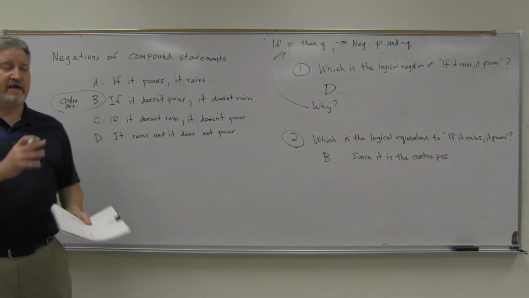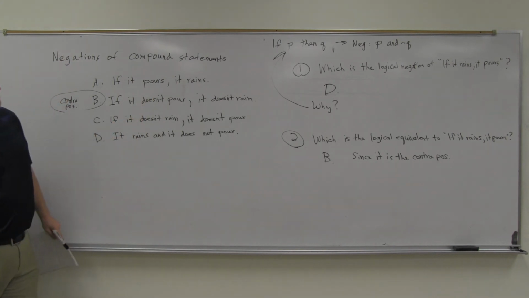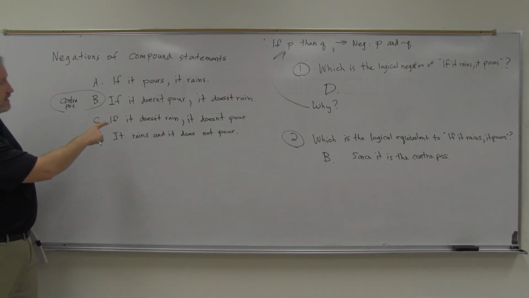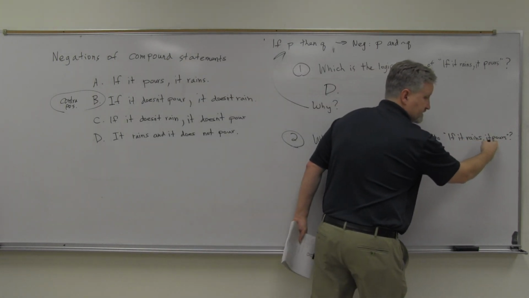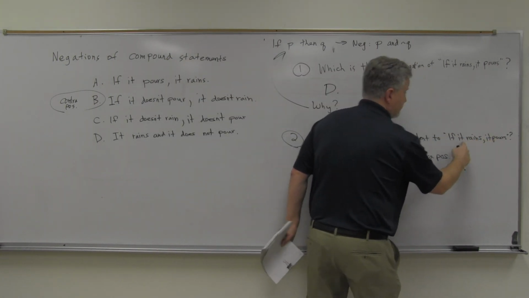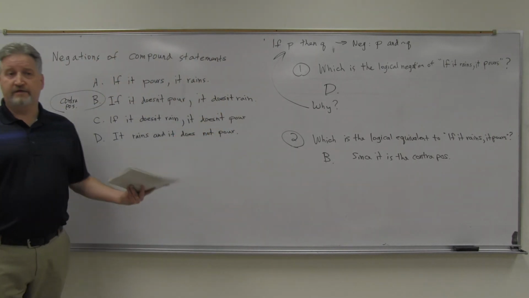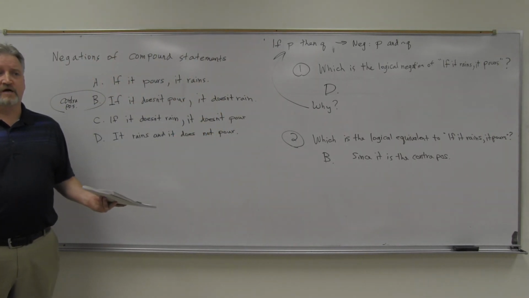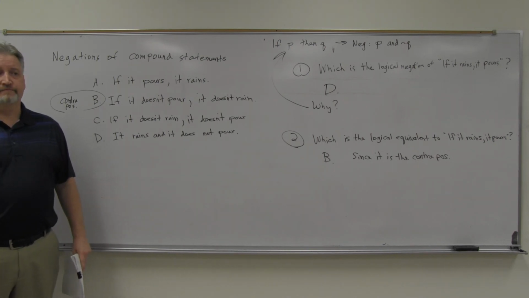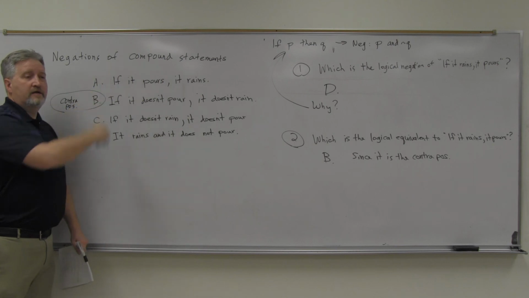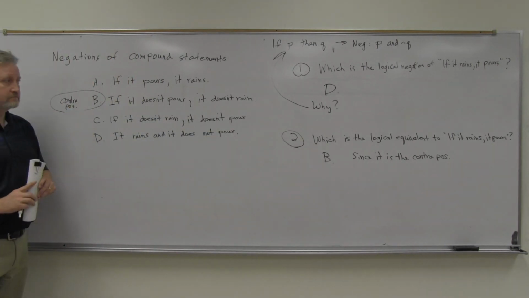If you flip and negate the statement, that is the contrapositive, right? Because if it doesn't pour, that's the negation of the Q, and then it doesn't rain, that's the negation of P. You see what I'm saying there? It's a contrapositive, and that is always logically equivalent. The other two are not logically equivalent to that statement.